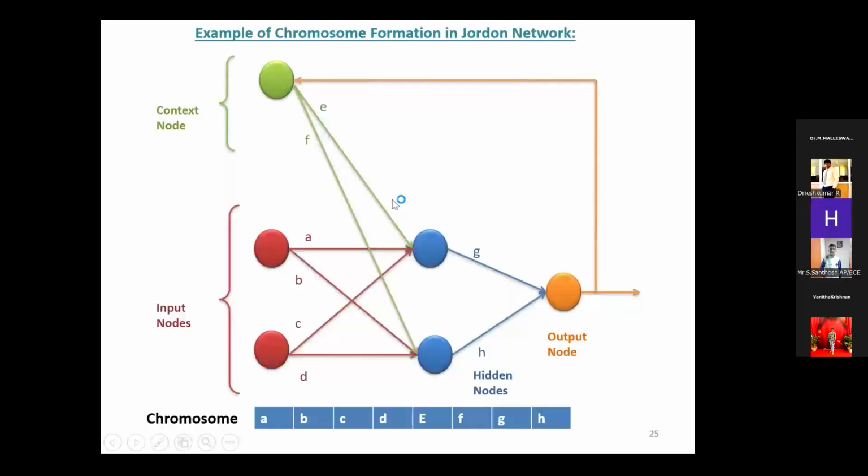Now, how to get the chromosome formation in a Jordan type recurrent neural network? Let us look at the architecture we already saw. Here, the red color nodes are the input nodes, which are aligned on the input layer. The blue color nodes are the hidden layer nodes. The orange color node is the output node. The context node is the green node.